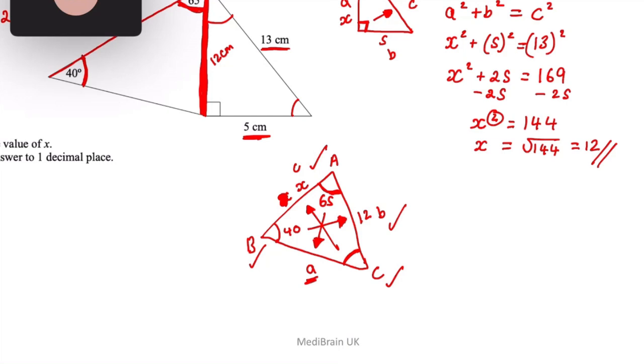However, now if you go back to lower down in the years, what do angles in a triangle add up to? Angles in a triangle add up to 180 degrees. So we can work out what this angle C is because we know the other two angles.